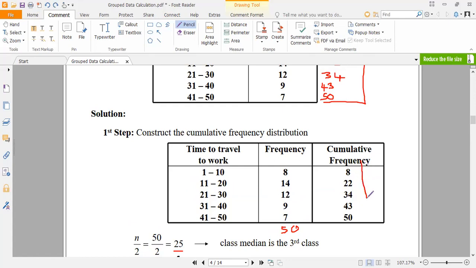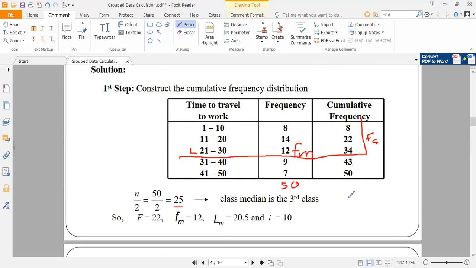It is 34. So you draw your invisible arrow here. The number above 34 is called your FC. The number next to 34 is called your FM. The lower bound is here. It is 21.